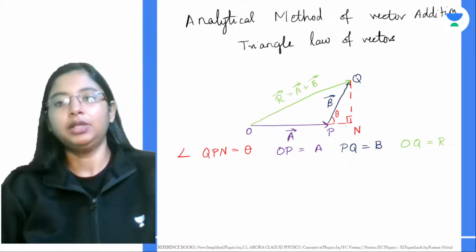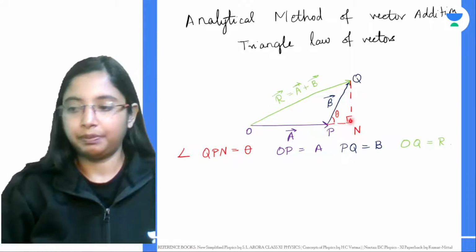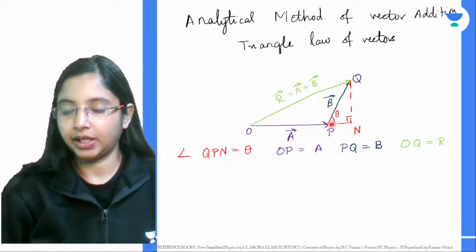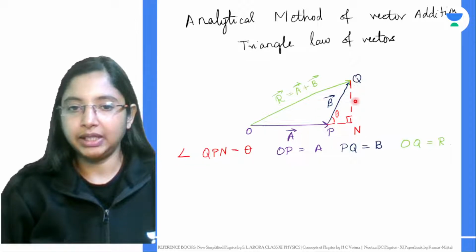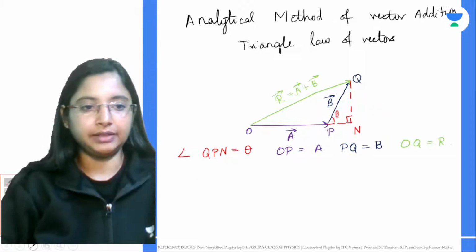Now if you take Q, P and N, this is a right angle triangle. From here we can get different angles.